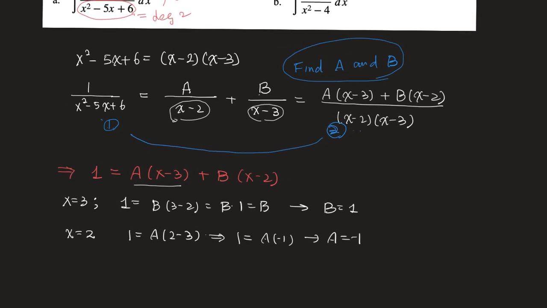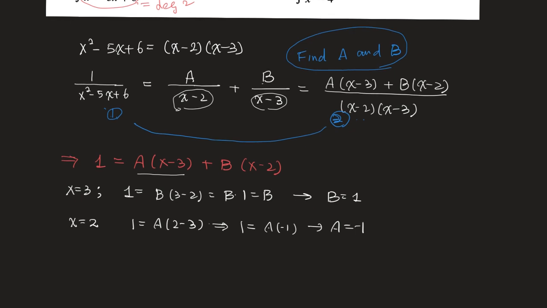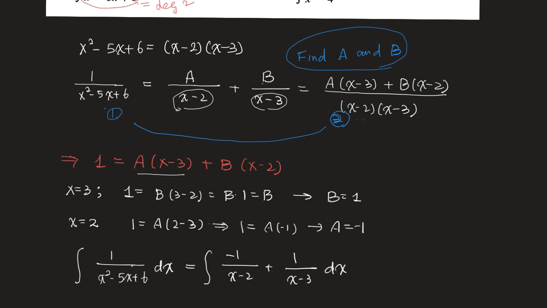Now that you've found A and B, the integration changes. The integral of 1 over x squared minus 5x plus 6 dx becomes A, negative 1 over x minus 2, plus B, 1 over x minus 3, dx.